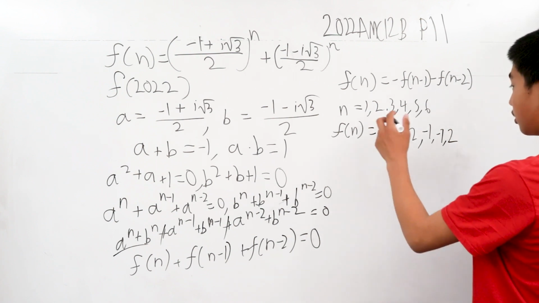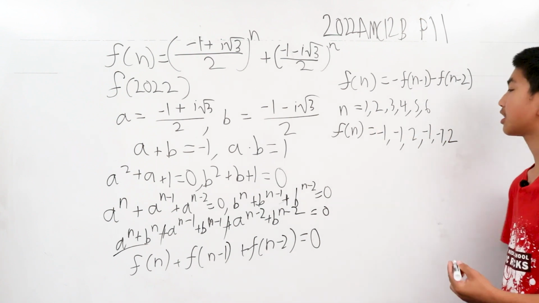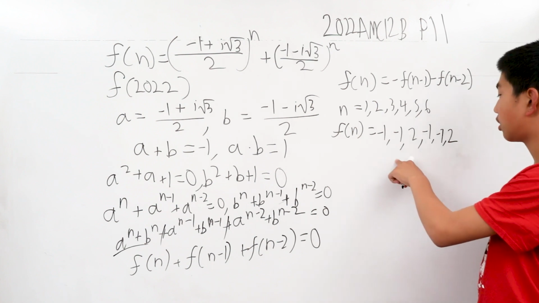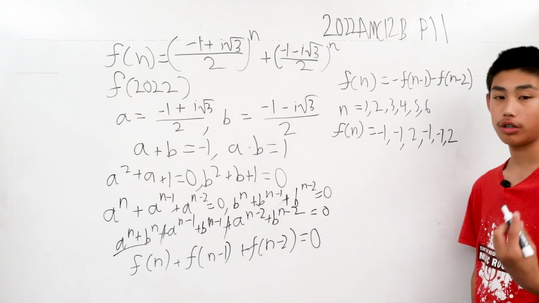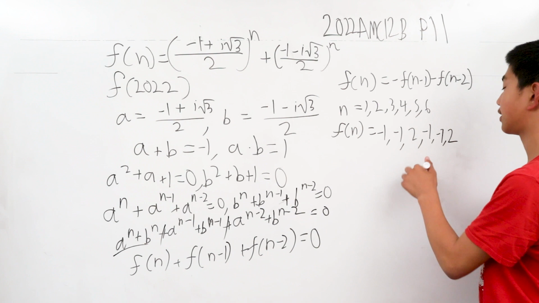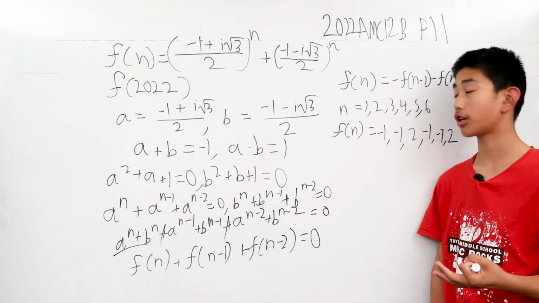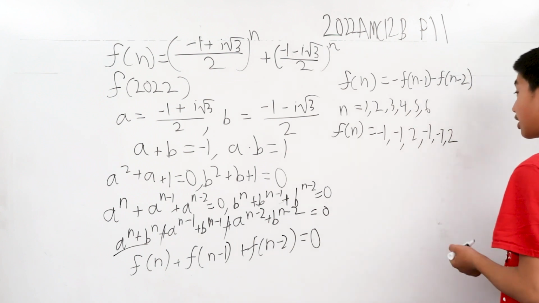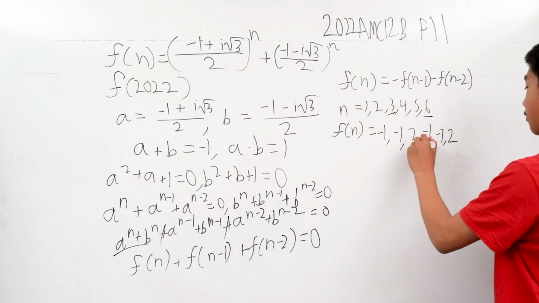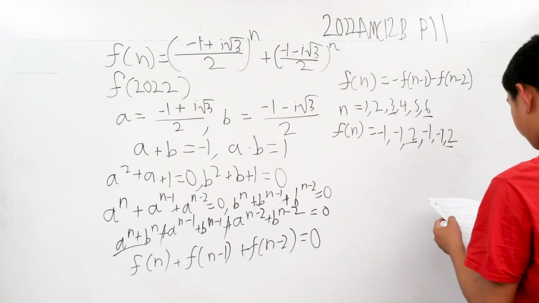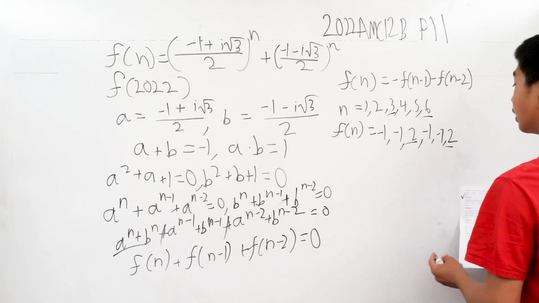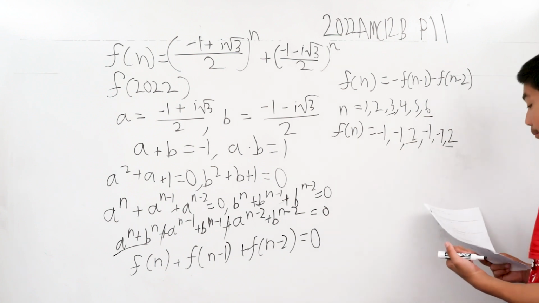How I wrote this is that whichever number it is, for instance this 2 here corresponds to 3, because both of them are the third number. We notice here that only multiples of 3 will yield values of 2, and others will yield values of -1.